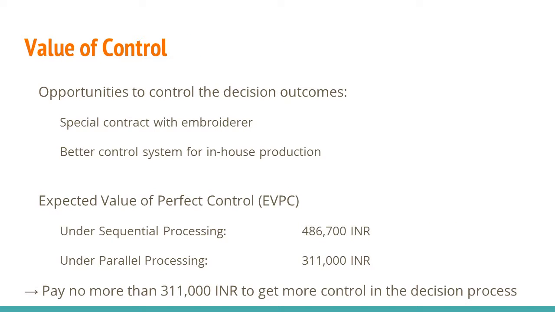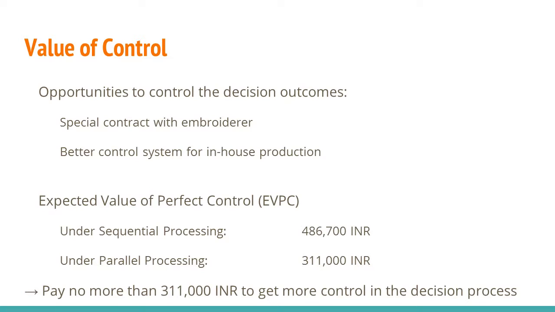It appears that with the scenario presented here, Dawan might have the opportunity to influence the process or to control the outcome of his decision. Number one, he could arrange a special contract with the embroiderer, maybe offer more money to put his project on the priority list.